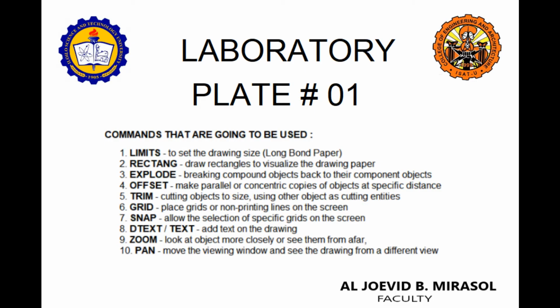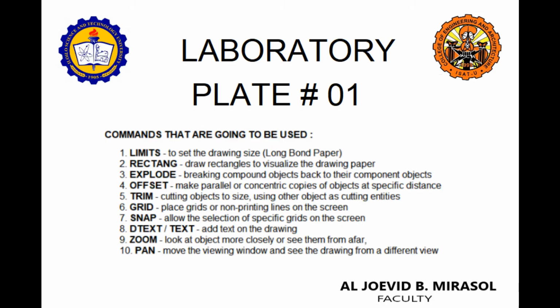What are the commands that we're going to be using in this drawing? Number 1, limits. This command is used to set the drawing size of our paper, which is basically a long bond paper, in mm. Second command is rectangle. This is used to draw the rectangle so that we can visualize our drawing paper. Third command is explode.